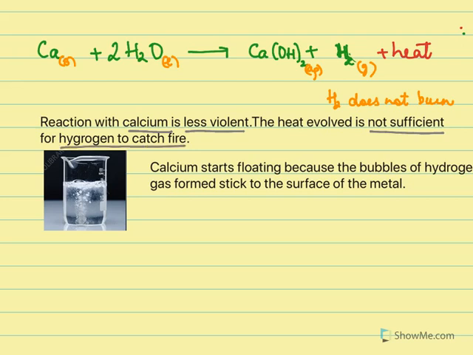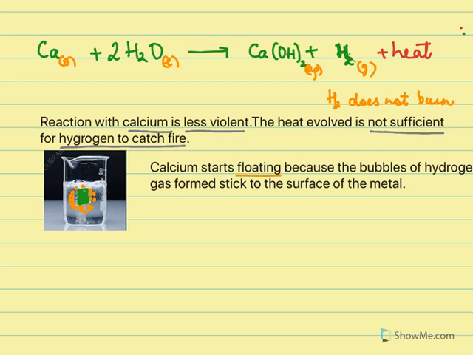There's another important point we must know: when calcium reacts with water, it gives out these hydrogen bubbles. These hydrogen bubbles stick on to the calcium, and eventually the calcium then begins to float.